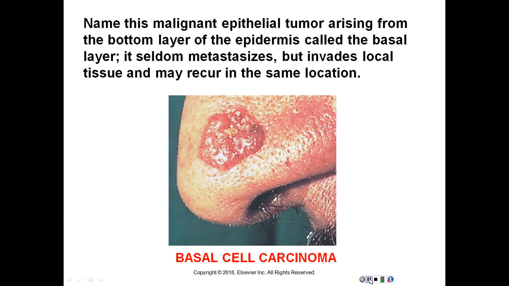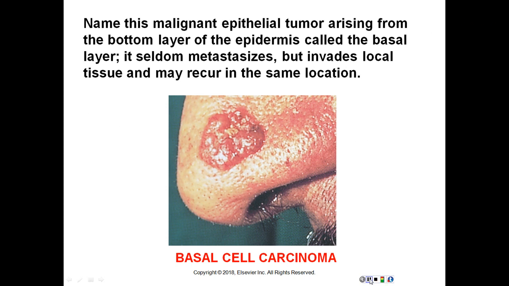So here, I forgot to make the answer pop up separately, and I apologize. But basically, name this malignant epithelial tumor arising from the bottom layer of the epidermis called the basal layer. It seldom metastasizes or spreads, but invades local tissue and may reoccur in the same location, and that is a basal cell carcinoma.